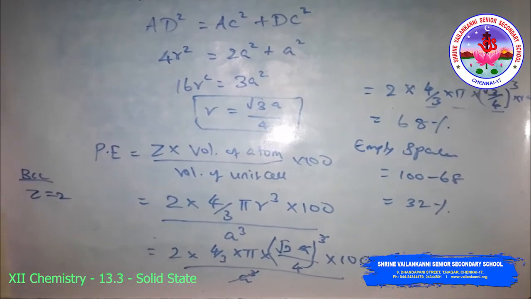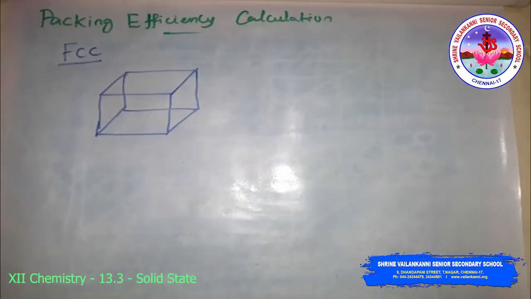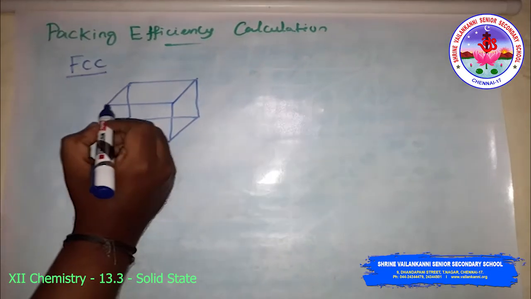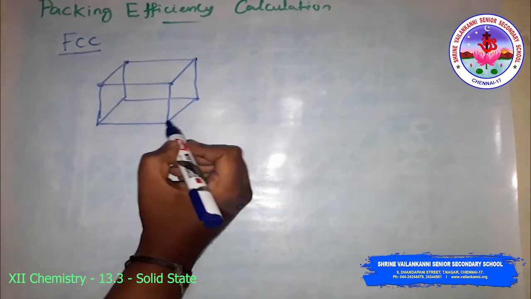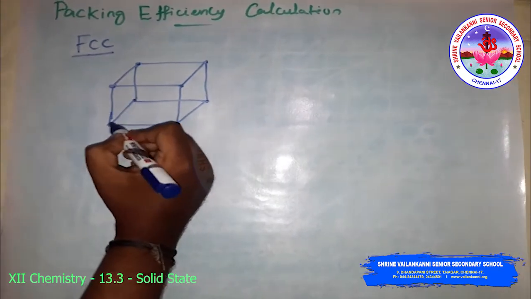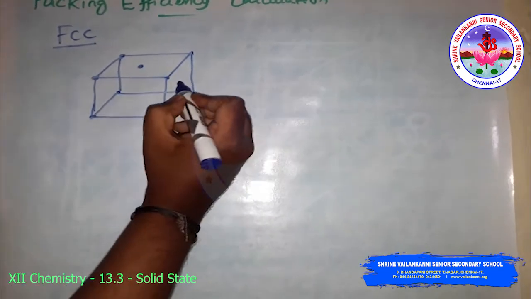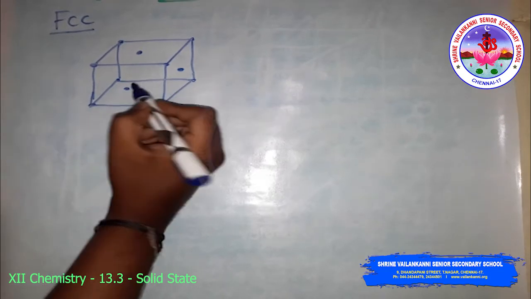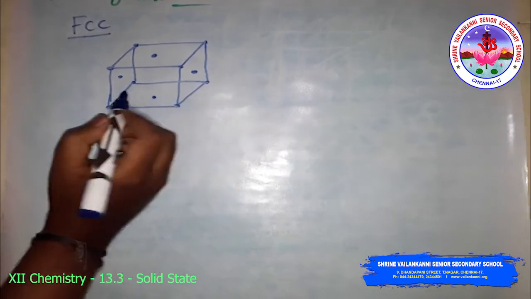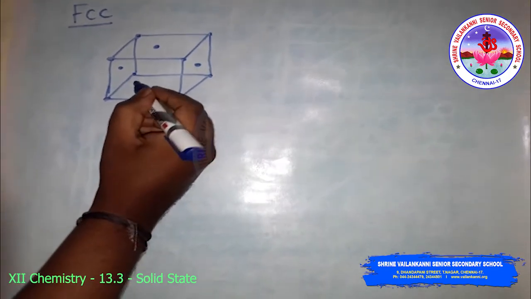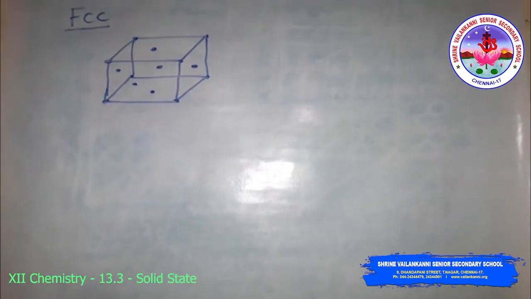Then next is FCC, face centered cubic unit cell. For packing efficiency calculation for FCC, we already know that there are 8 corner atoms in a cube. For face centered, this face is 1, this face is 1, this face is 1 and this face is 1. Sorry, this face, then this front side face and the back side face. Now 6 faces are there.